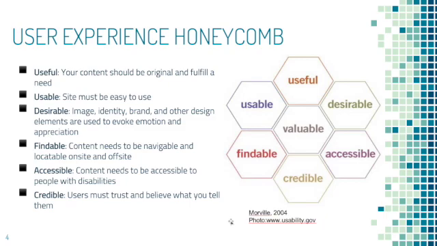Accessible, content needs to be accessible to people with disabilities. And credible, which talks about trust and whether or not the way your site is constructed evokes the emotion of trust and whether or not the information on your site is verifiable and credible. This particular graphic was created in 2004 by Peter Morville.